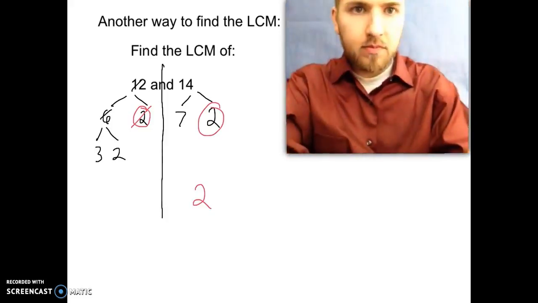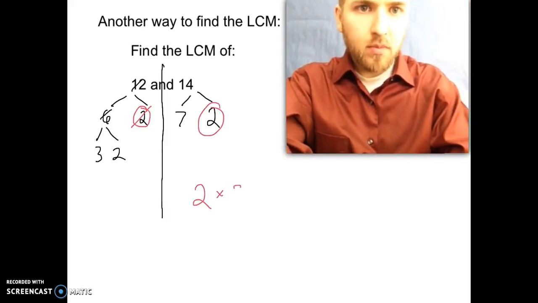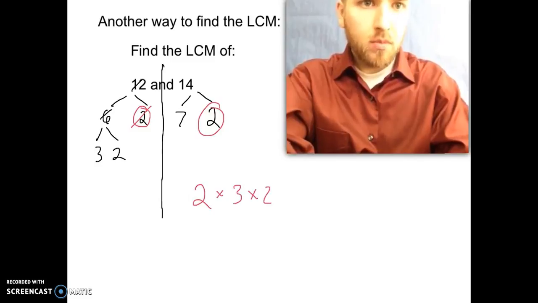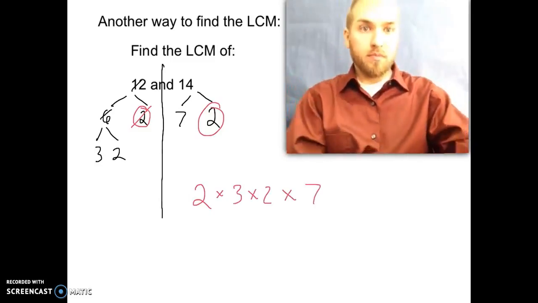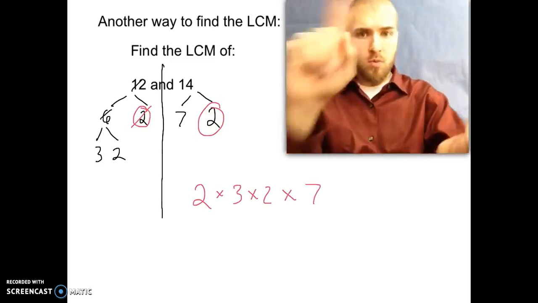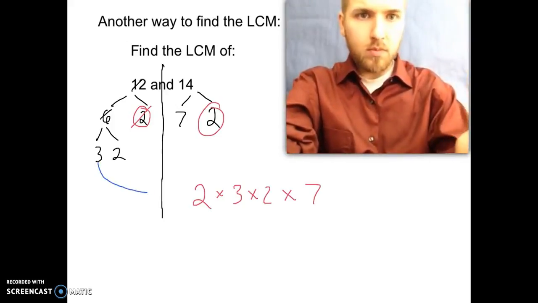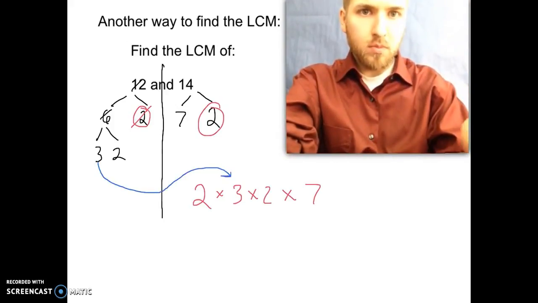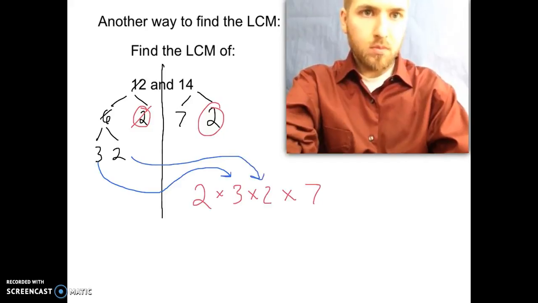So now we're left with 2 times 3 times 2 times 7. And I'm drawing some arrows so you can see where the numbers are.